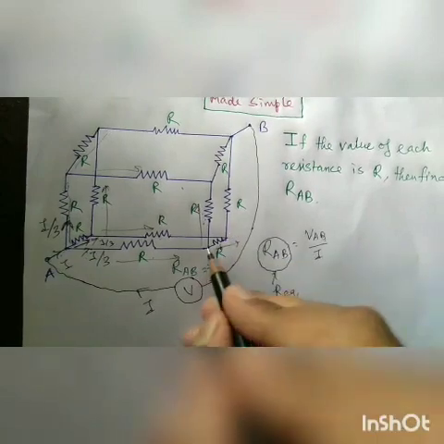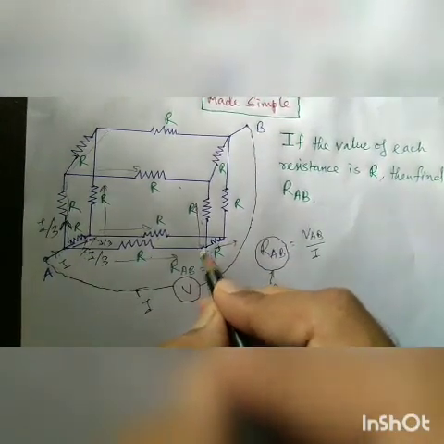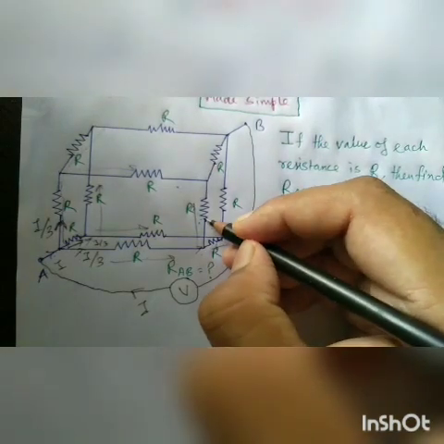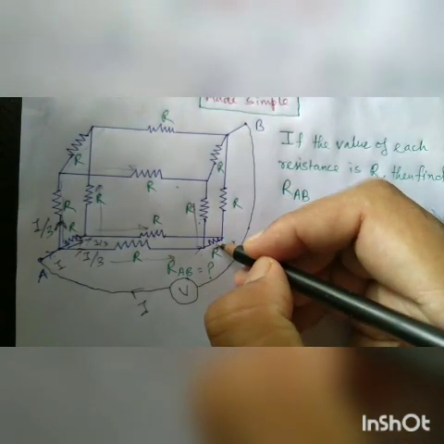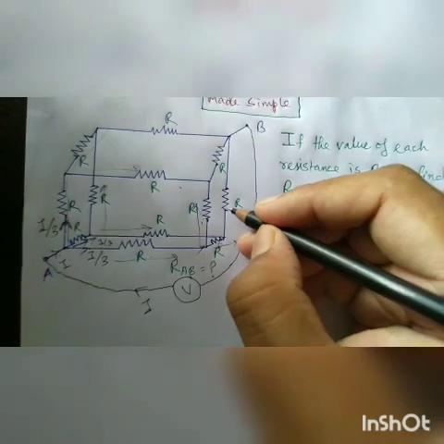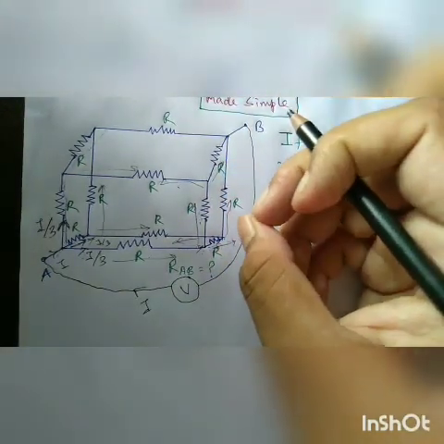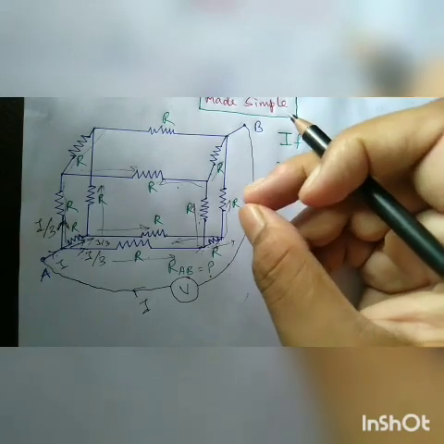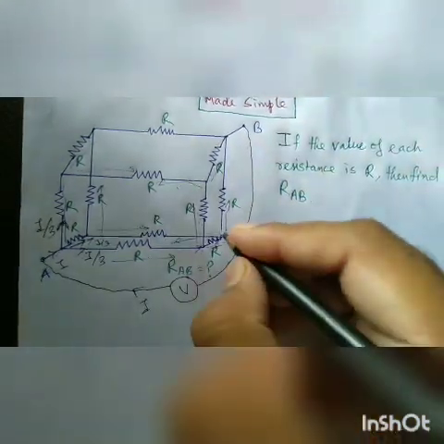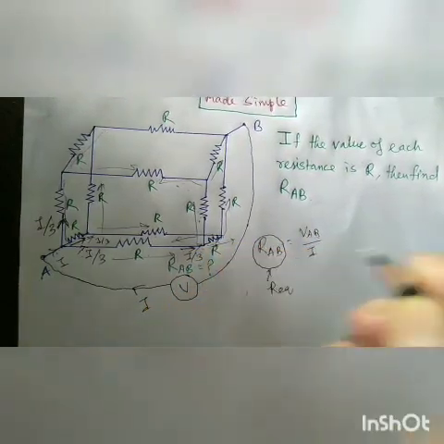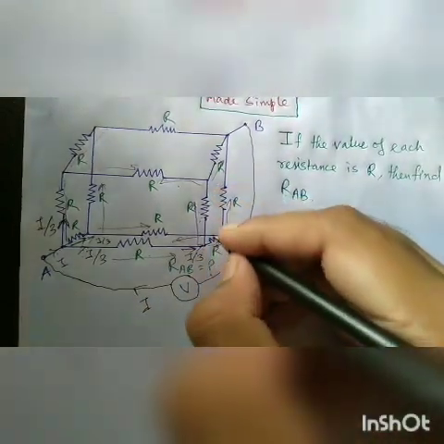Now this I by 3 comes here up to this position. After that we can see it gets divided into two resistances, and after this resistance it will go here. From this point also the current is subjected to equal resistance in both paths. So the I by 3 which was here gets divided into two parts equally.